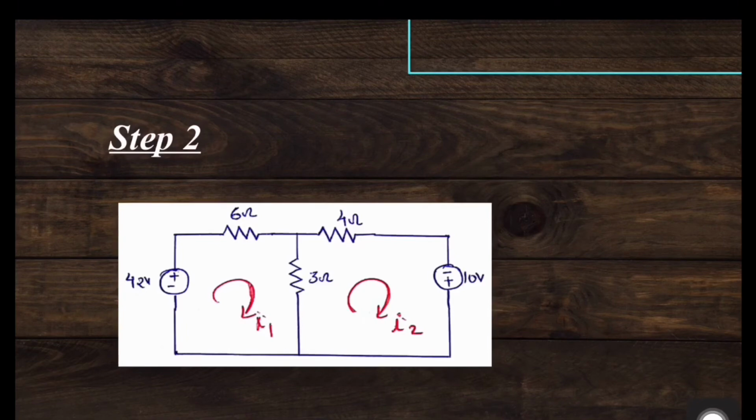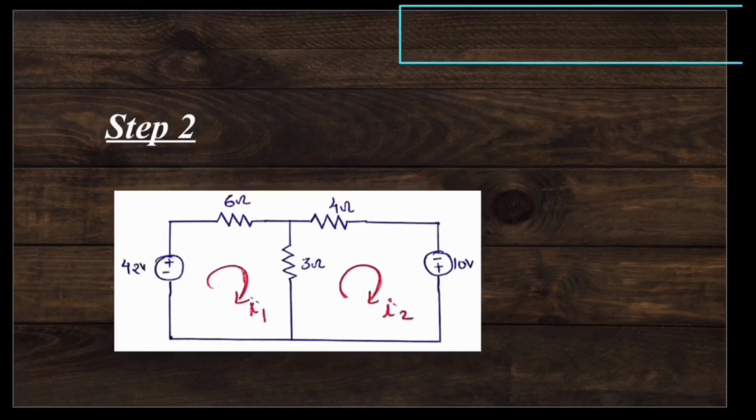The current entering terminal of a resistor should be marked as positive polarity of the voltage drop developed by it. Got it? I repeat, the current entering terminal of a resistor should be marked as positive polarity of the voltage drop developed by it.